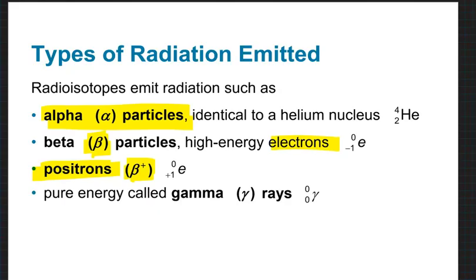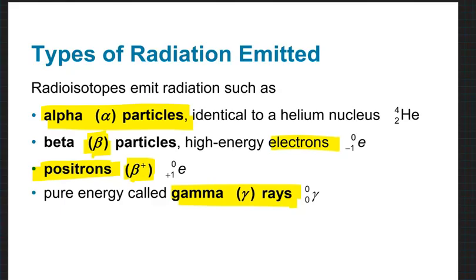Electrons are negatively charged, positrons are positively charged. All other characteristics are exactly the same. And finally, we have gamma emission, or gamma rays. These are electromagnetic waves.